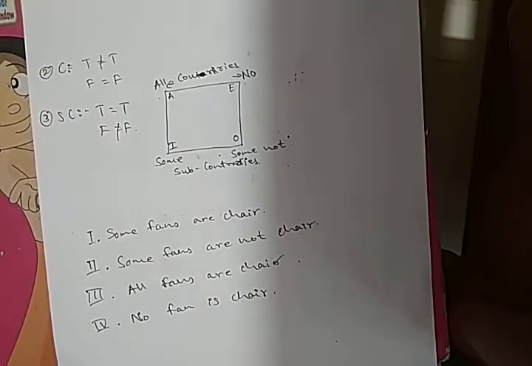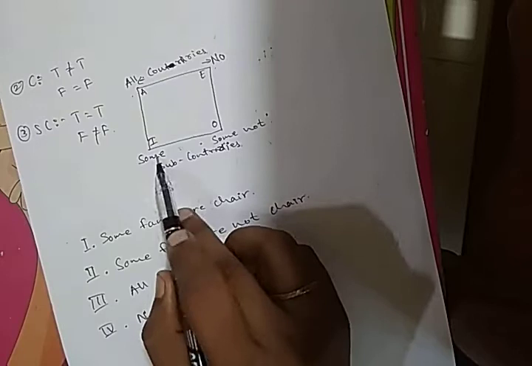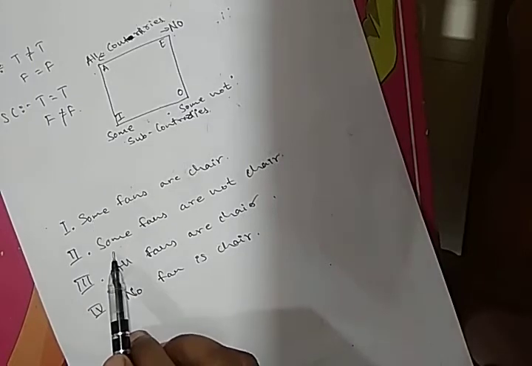Did you find the answer? So I said these both can be true together but can't be false together. So that is subcontrary. What is subcontrary? Some and some not. So what are some and some not here? It is 1 and 2. So 1 and 2 is the answer for the first question.